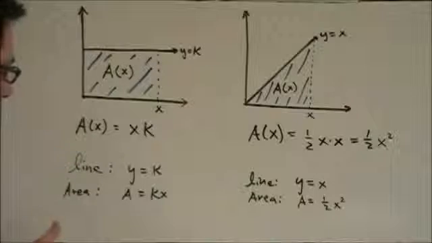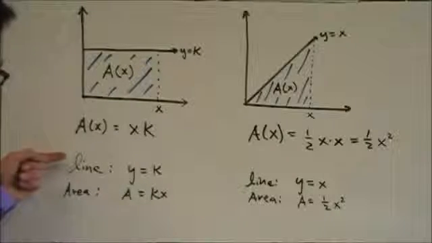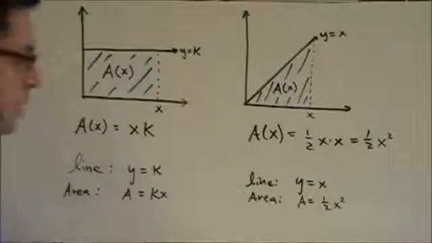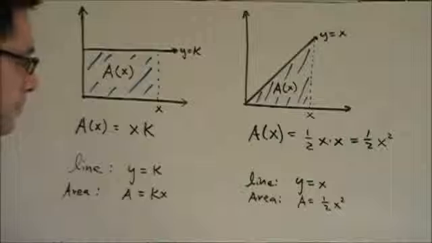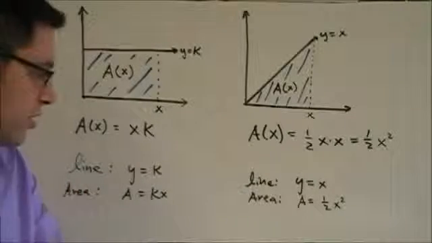And hopefully you can see there's already a pattern going on here. That is, there's really a relationship between the line and the area underneath the line out to some distance x in both cases. And in fact, hopefully you can already see one of the connections that we have.